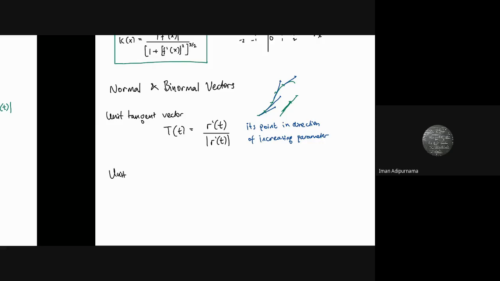Okay, now we have a unit normal vector. We call this N, as in normal, right? The definition is it's actually T prime divided by the magnitude of T prime, or if this is with parameter t, let me add parameter t.